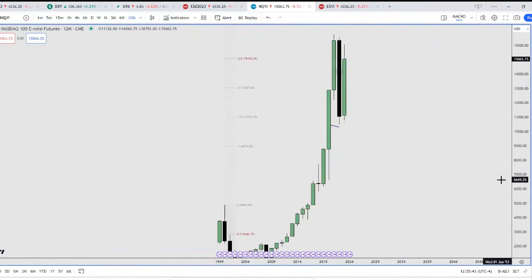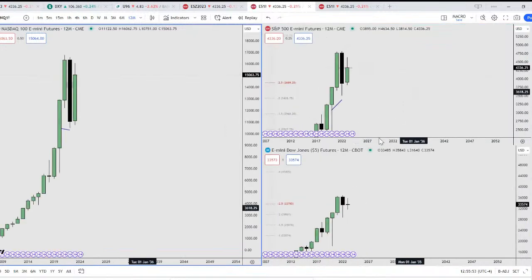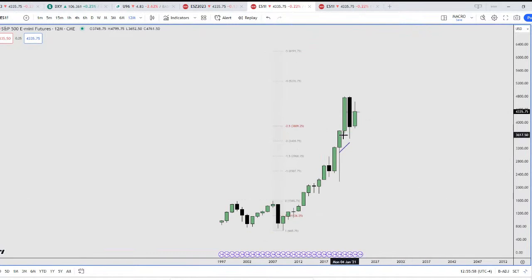And do understand as well, we are in premium relative to the current dealing range, right? For both NASDAQ and ES, right? So we just have to see, but I am considering higher prices for now, right?